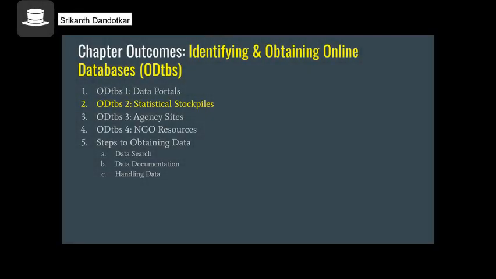So next we'll move on to statistical stockpiles, another way to obtain data. One, the data portals, which are specific data sites where the actual databases are stored. Statistical stockpiles, on the other hand, do not simply store databases or give access to databases.